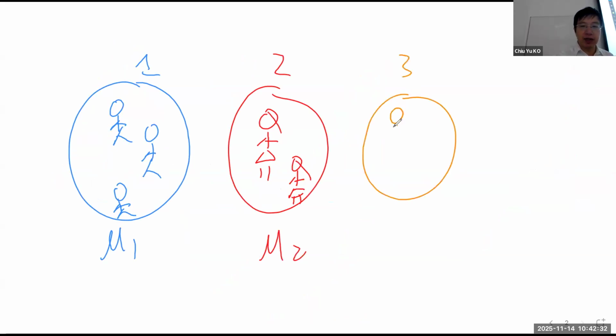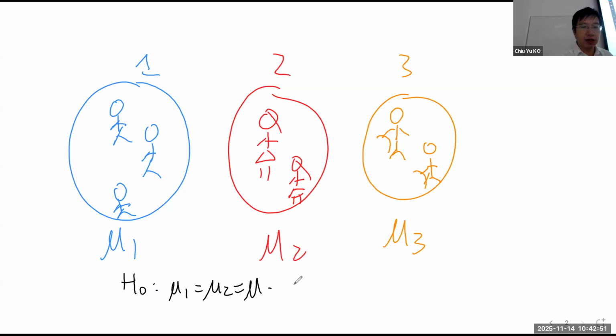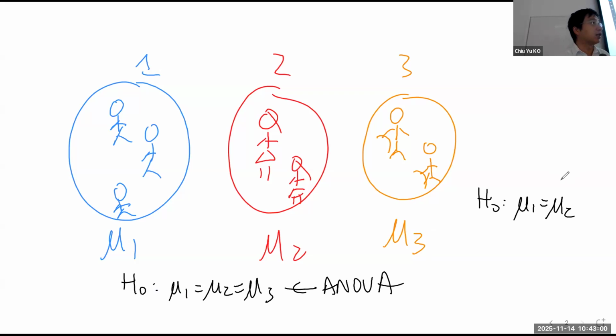And remember, we have a bunch of elderly, maybe, so mu3, okay? So maybe you want to see if these means are the same or not. Then you can use ANOVA, right? The ANOVA is testing the following, whether mu1 equals mu2 equals mu3, okay? This is ANOVA, okay? If you want to say mu1 equals mu2, then this is a two sample t-test.